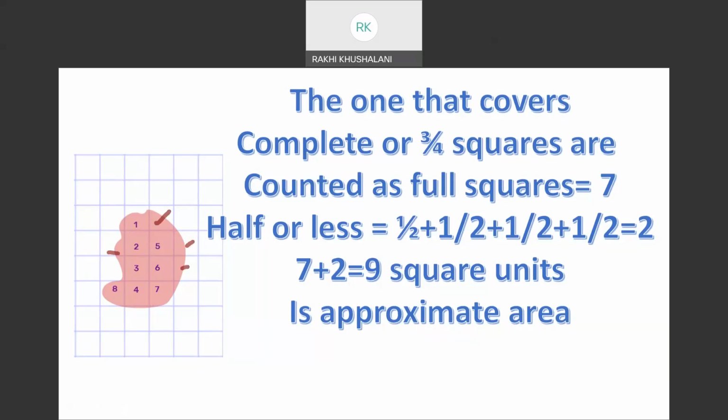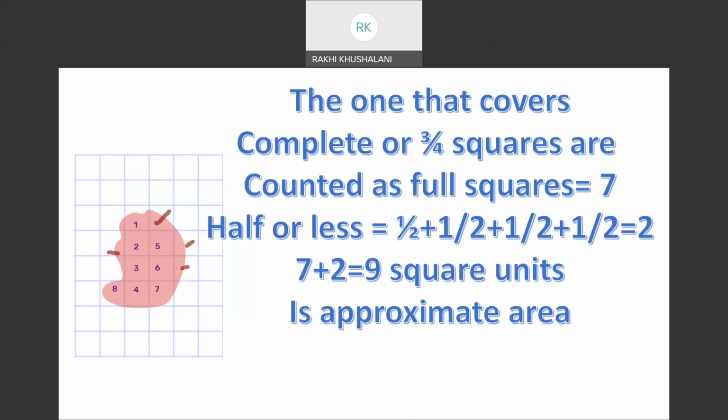So half plus half plus half plus half is equals to 2. So 7 plus 2 is equals to 9 square units. 9 square units is approximate area. Okay.